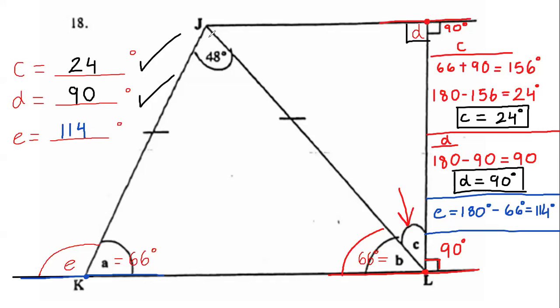Good. Is everyone? How about J? There's a J. There's also a K and L. Oh, no. That's just the vertex of the triangle.